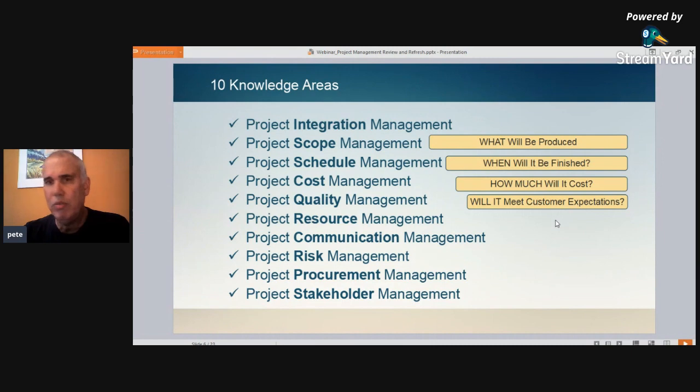What does the customer demand for this particular product, service, or result? Resource management, who and what is needed to get the job done. Right? When we talk about resource management, we're talking about who being human resources, and we're talking about what being physical resources, materials, equipment, etc., supplies.